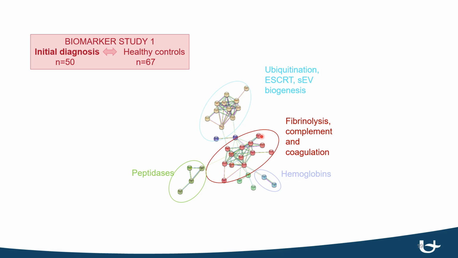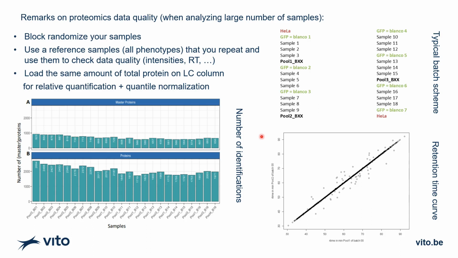But I'm not going into detail into the biology of the results, because there are some small points to wrap up that I want to bring to you from a proteomics point of view.